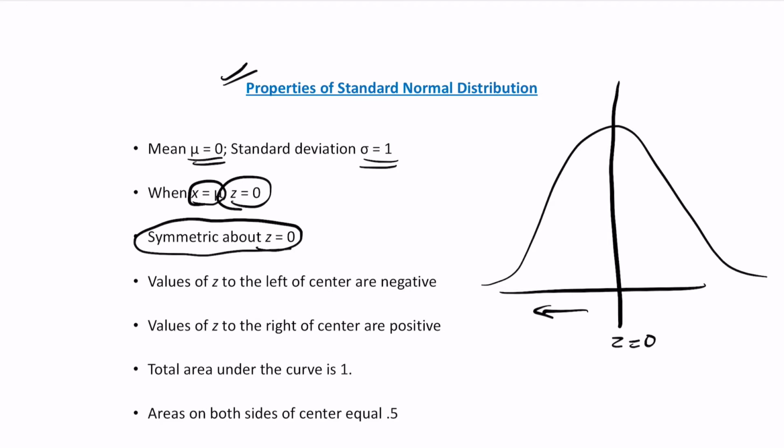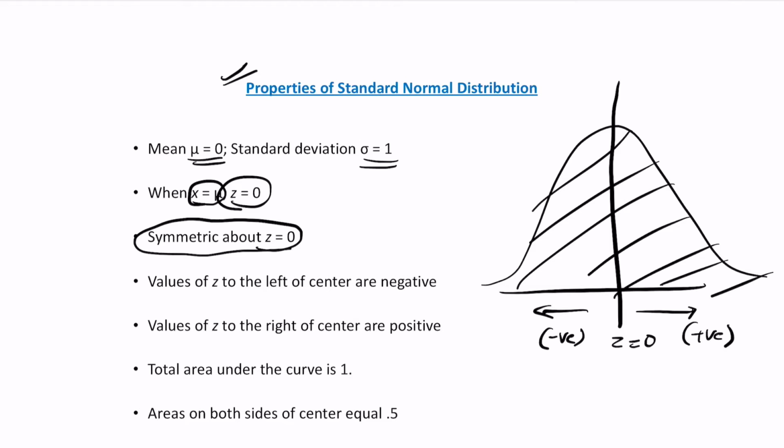Anything to the left is negative, anything to the right is positive. But the total area under the curve is still 1, and each side represents 0.5. So each side represents 50% of the probability of the total function.